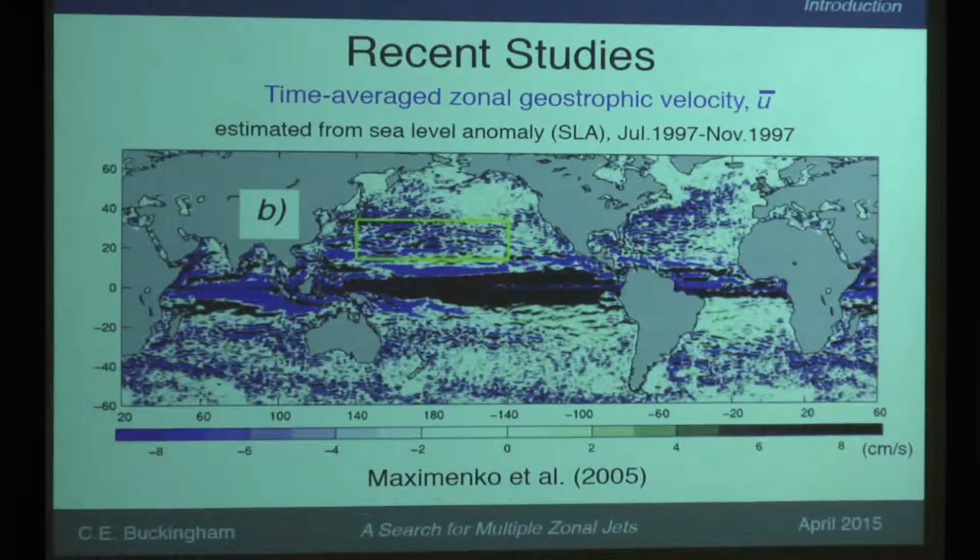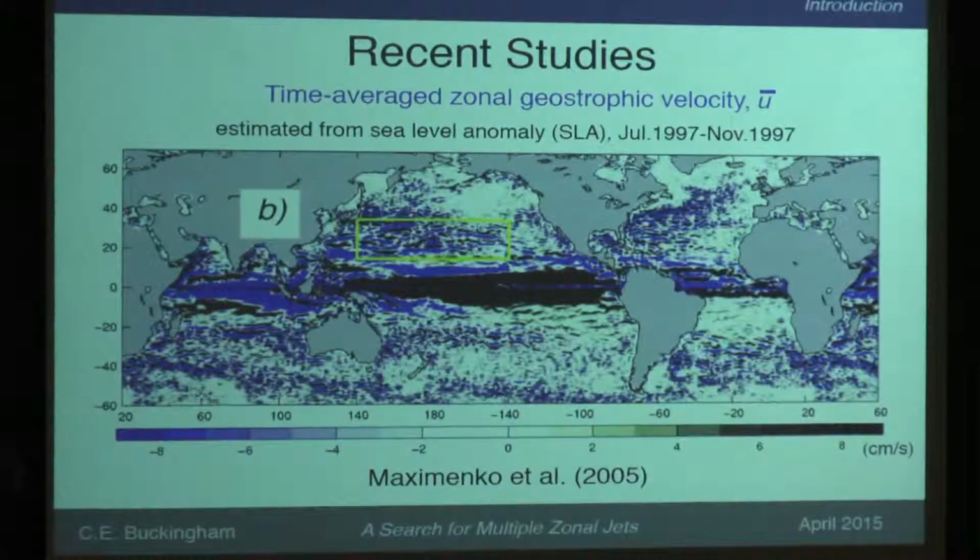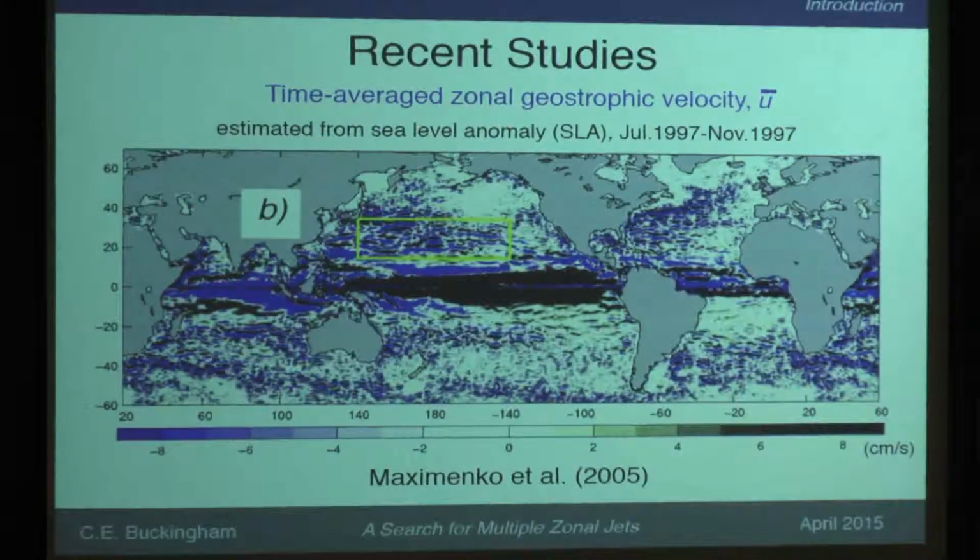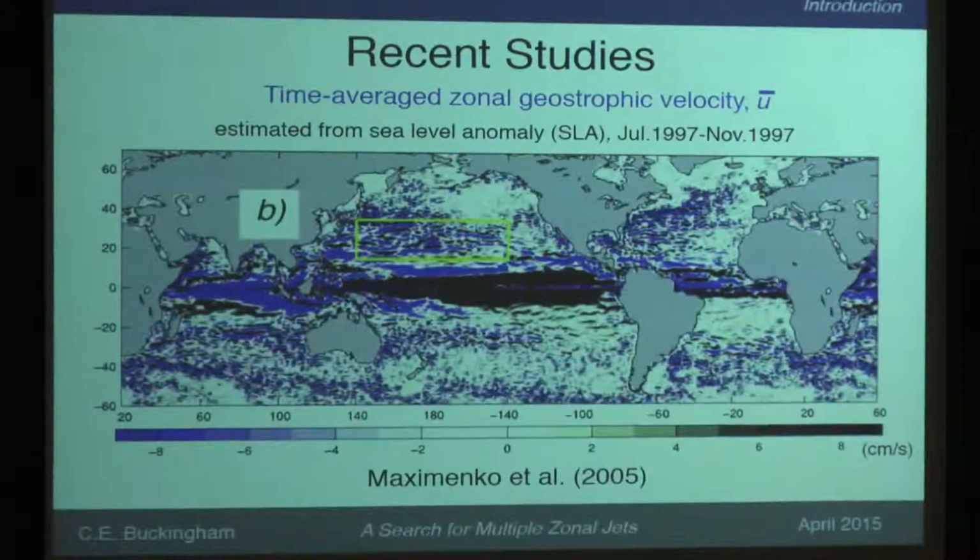The red is going to be a problem. I'll just tell you that the black features in here are actually red, and that corresponds to eastward flow. This is from a study in sea level anomaly where Nikolai Maximenko and company demonstrated the existence of jet-like structures in time average flow.